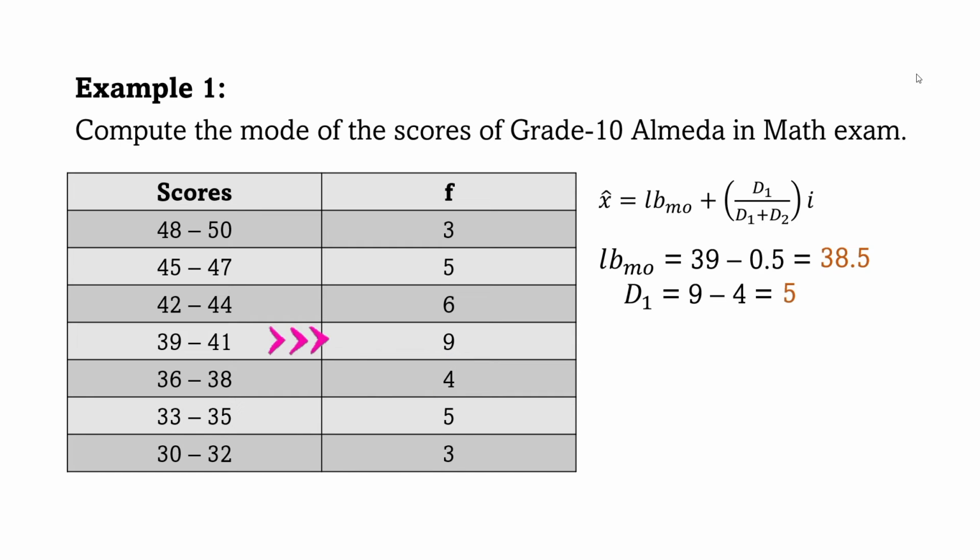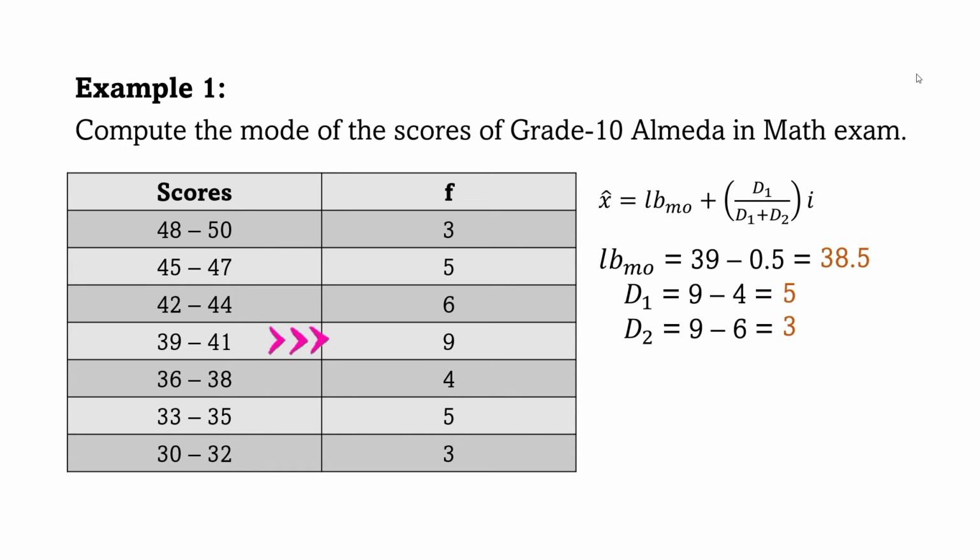So, ang D1 natin ay 5. So, sa dito naman, isubtract din natin yung frequency ng ating modal class sa frequency after the modal class naman. So, we have 9 minus the frequency after the modal class, which is 6. So, we have 9 minus 6 is equal to 3. So, our D2 is 3.